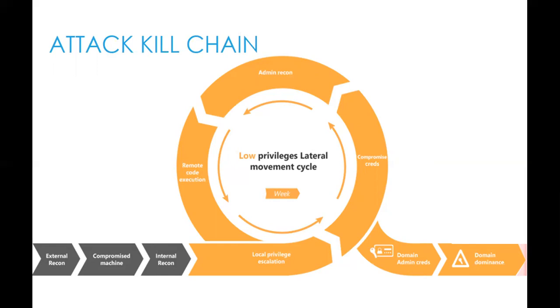So once an attacker is able to compromise the machine, what happens is that it begins to perform what we call an internal recon, a local recon to say, okay, what are the list of users, domain users, groups, application services running on that machine, and to see if there's a way it could also leverage such information.